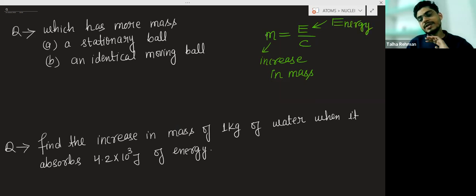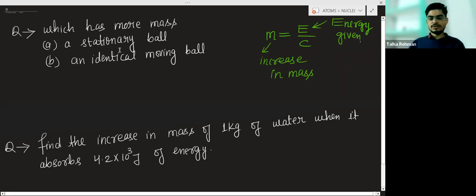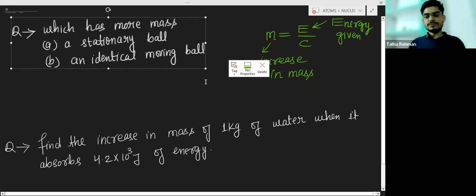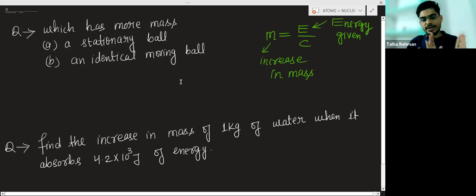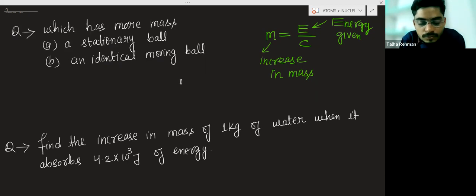Energy can be in any form, either kinetic energy, potential energy, thermal energy, frictional energy, or heat energy. Okay. So Fawad or Hamza, can you tell me the answer to this question? Anyone? At least you should try.